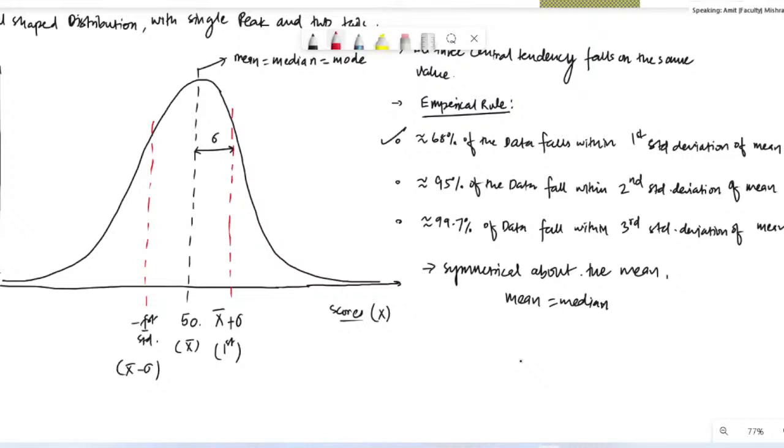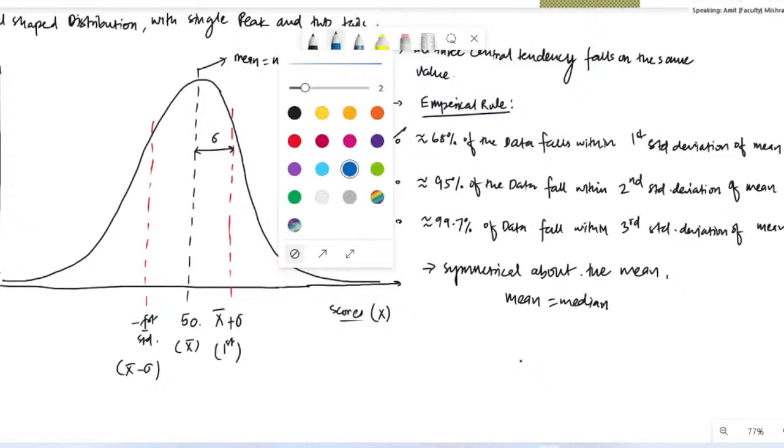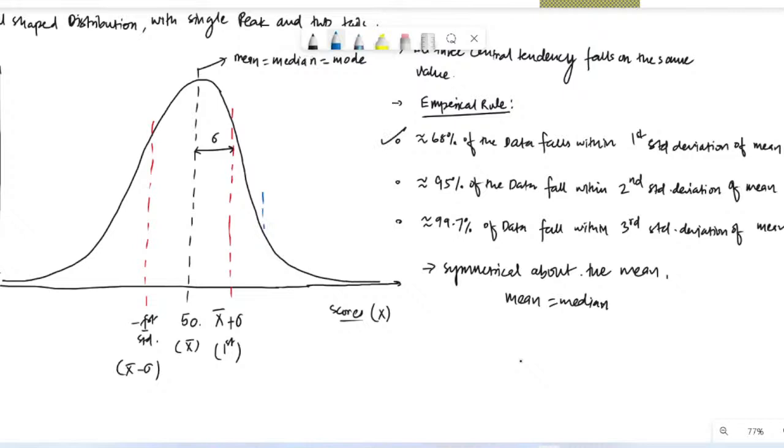Second standard deviation: this is x plus 2 sigma and x minus 2 sigma.